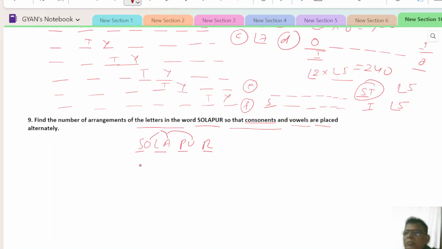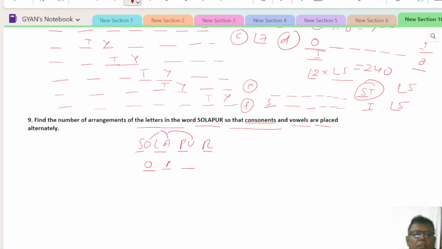So the vowels can be placed here, and here.